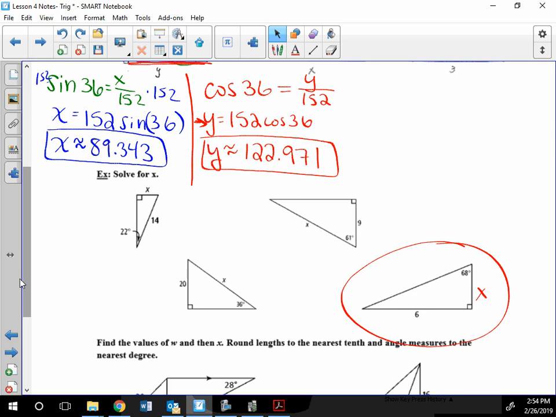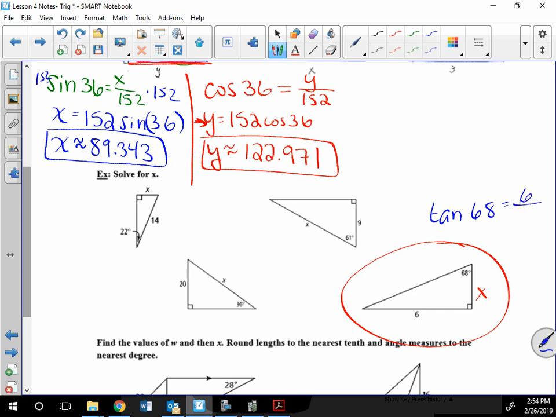Alright, what did we get for our answer? First of all, which trig function did you guys use? Tangent. So tangent of 68 equals, what was my opposite? 6. And my adjacent?